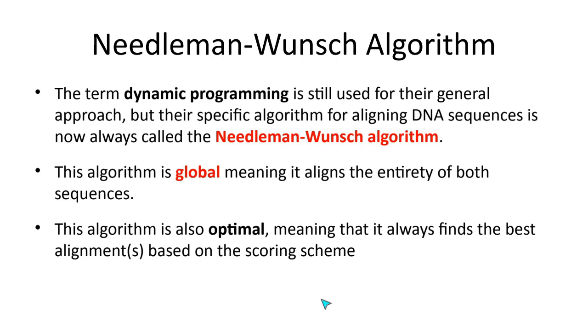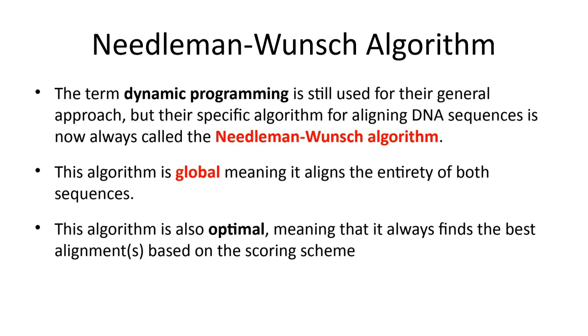Also, this Needleman-Wunsch dynamic programming algorithm is optimal, which means it will always find the best alignment based on the scoring scheme. I need to point that out because we're going to look at some things later that are not optimal, but still work.